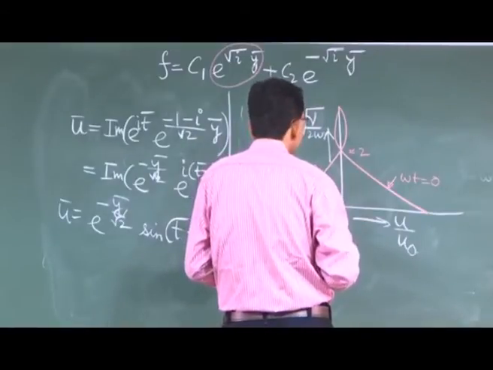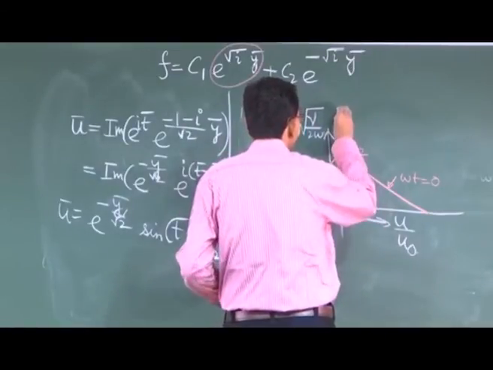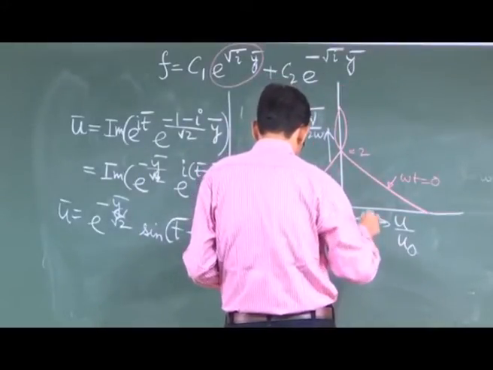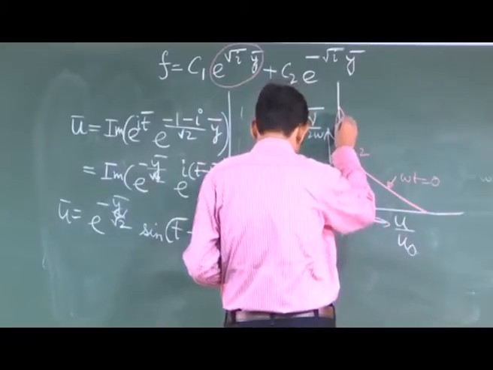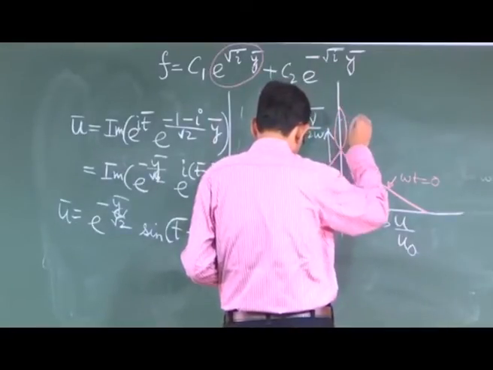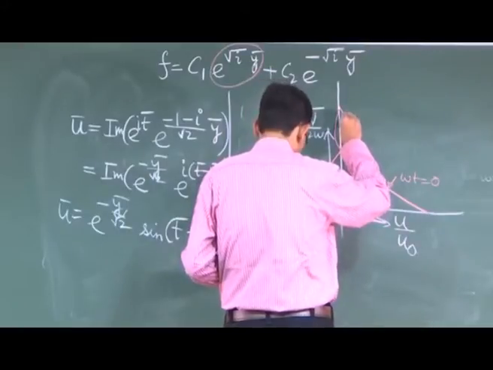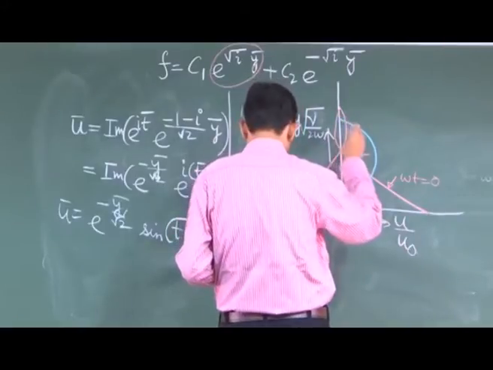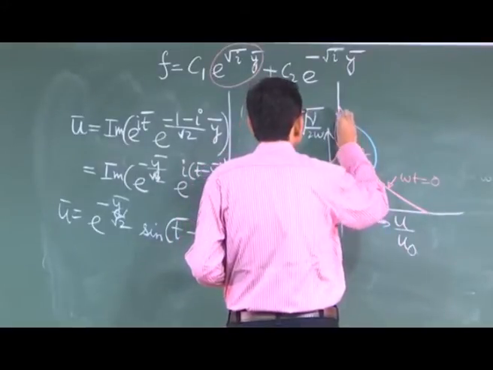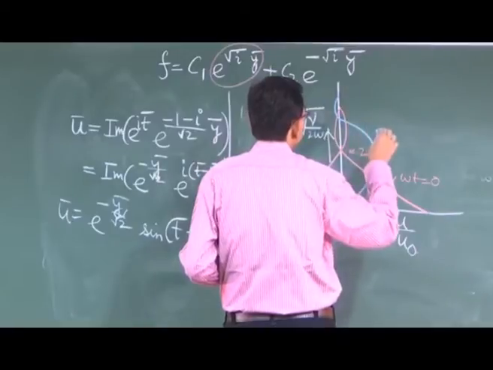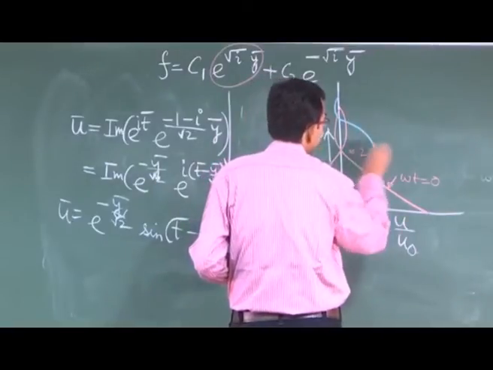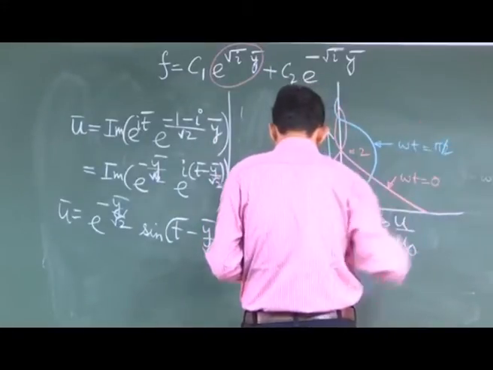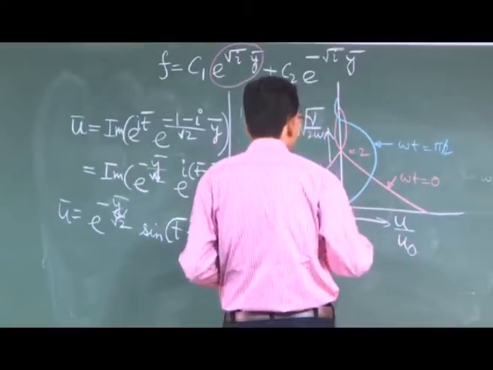Then we will plot for some other values. This is omega t equal to pi by 2. So, you will always have a symmetric value for the other part.